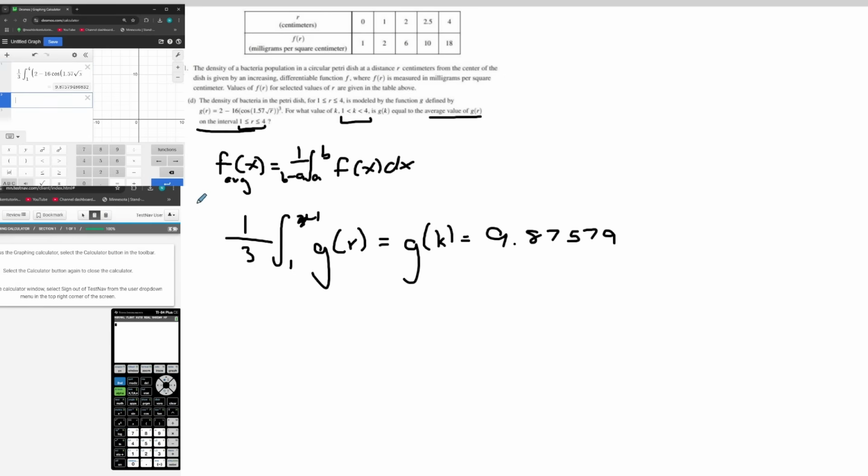So I'm just going to write, when does 2 minus 16 cosine of 1.57 square root x, and then let's cube this, cubed, and I want to know when that is going to equal this. So let's take a look, right?